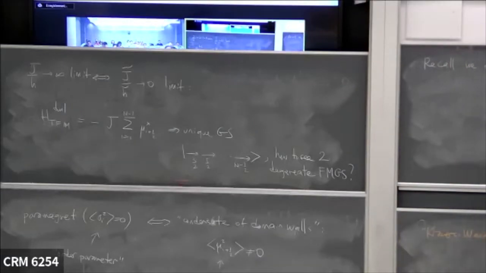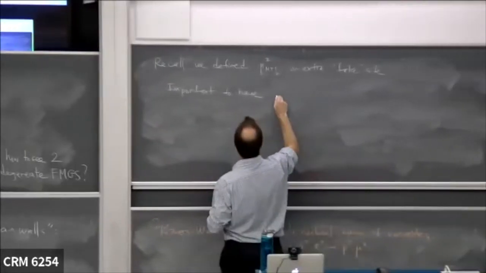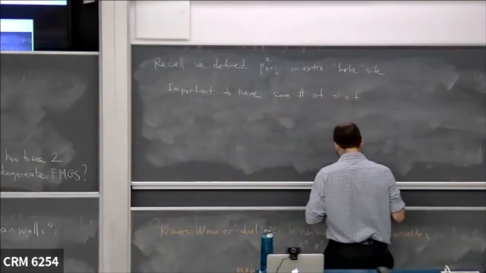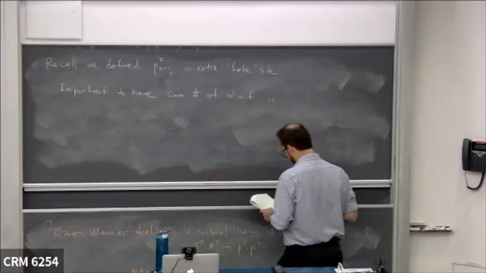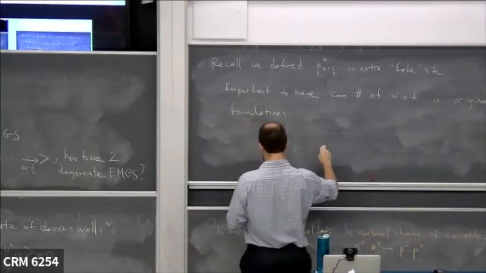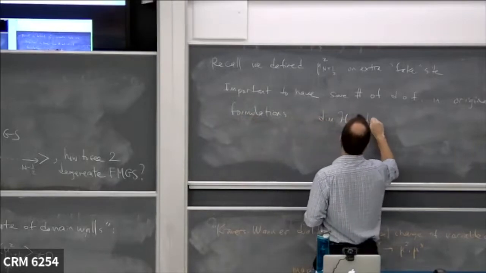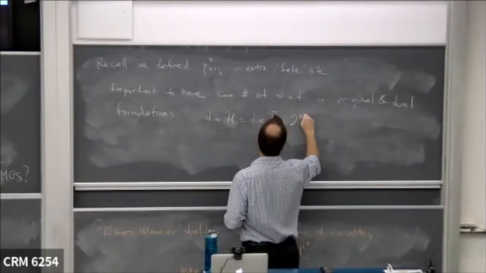And so it's important to have the same number of degrees of freedom in the original and dual formulations. I'll basically conclude with this. The Hilbert space dimensions must match. So the H and the H dual Hilbert spaces must each have 2 to the n dimension.